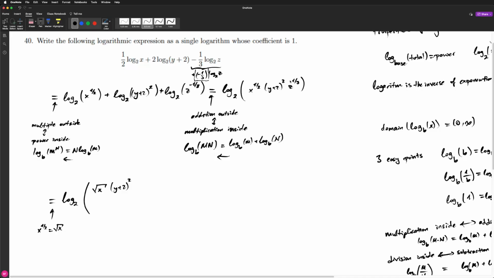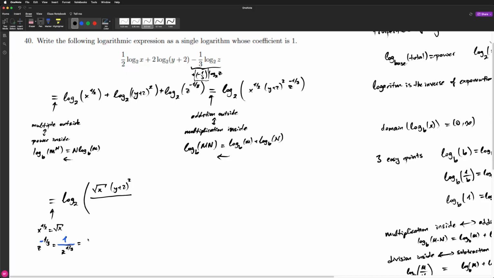And z to negative 1 over 3 is the same thing as 1 over z to 1 over 3. So that minus in the exponent corresponds to 1 over. Additive inverse in the exponent is multiplicative inverse for the total.